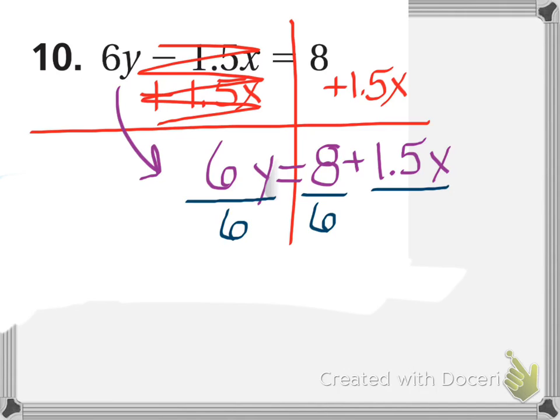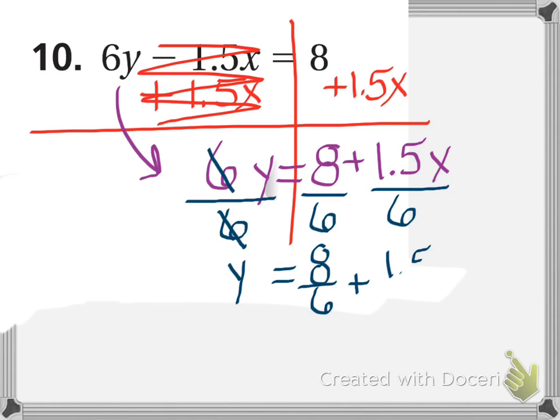And every single term needs to be divided by the coefficient. 6 divided by 6 is 1, so we have y equals 8 over 6 plus 1.5x over 6. Last step is to simplify.